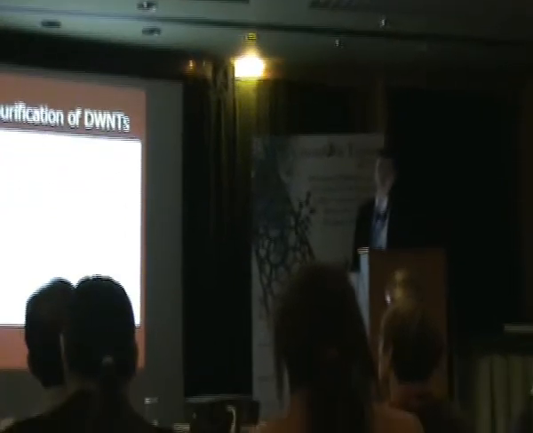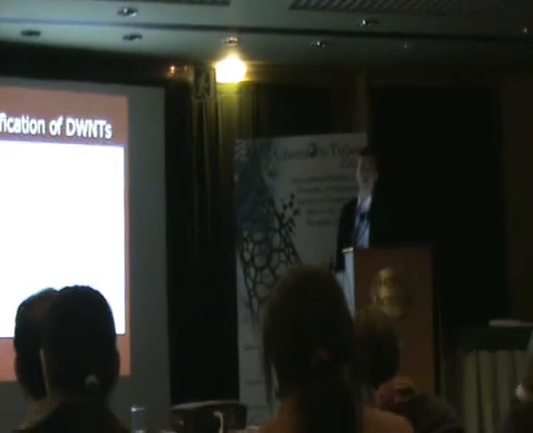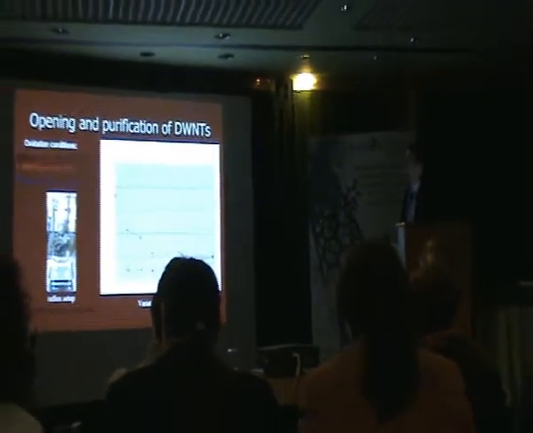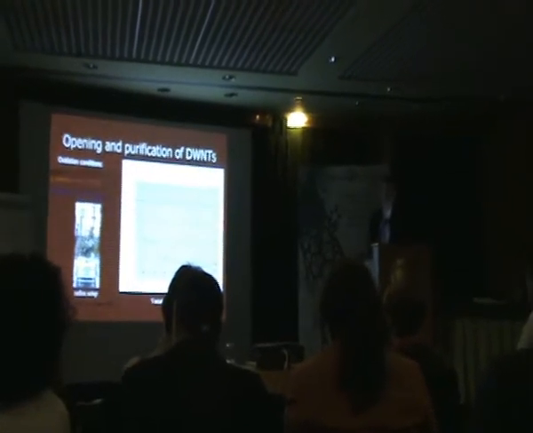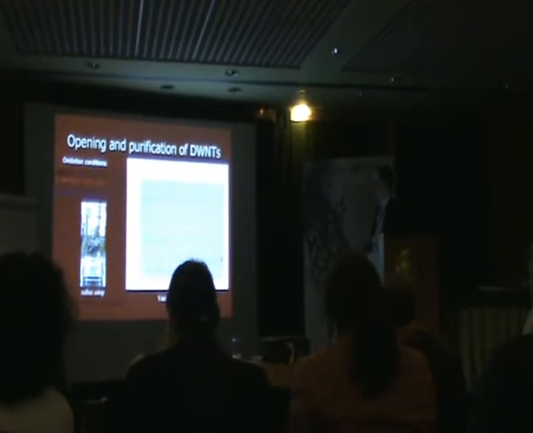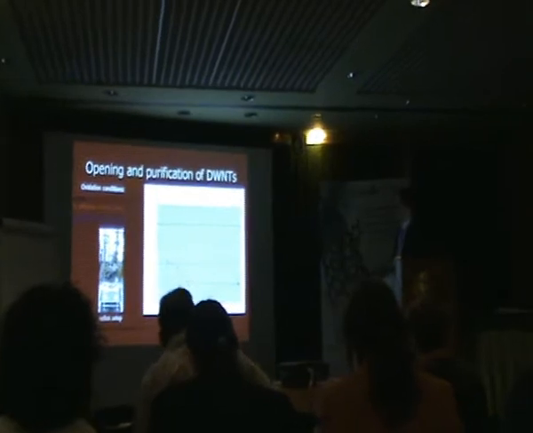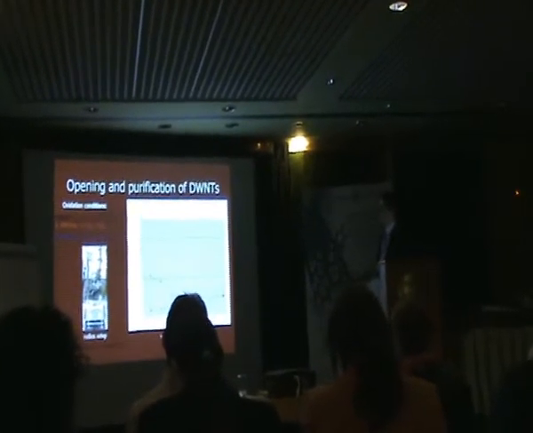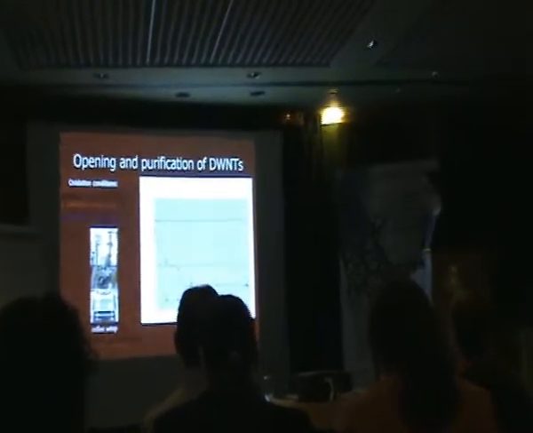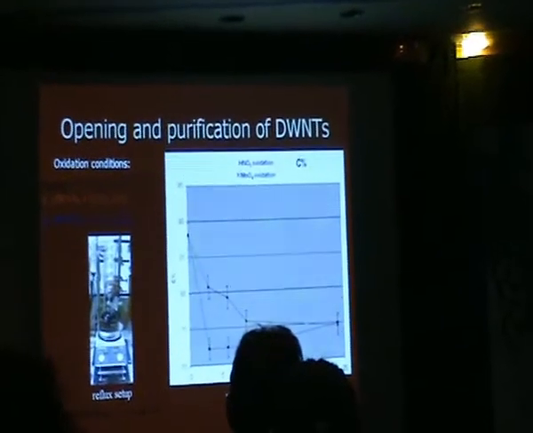Our colleagues in the project are working on their application and functionalization, of course. That's why we are trying to purify and open them with two types of oxidation: the first one with 3 molar nitric acid, and the second one with a mixture of sulfuric acid and potassium permanganate.